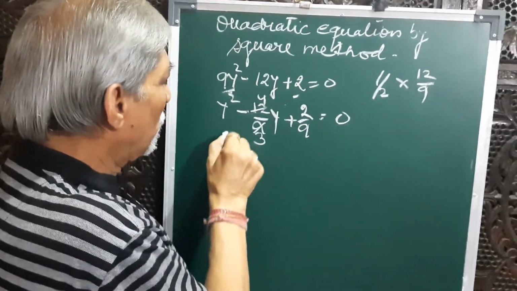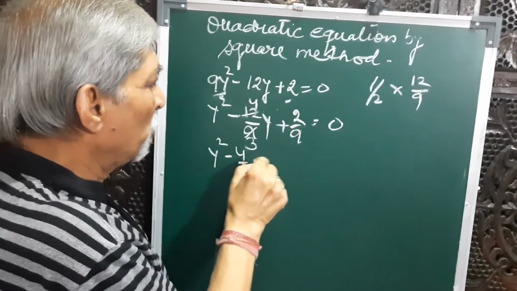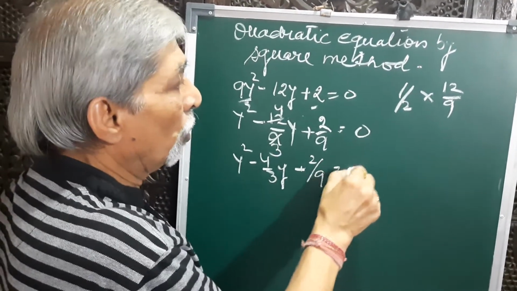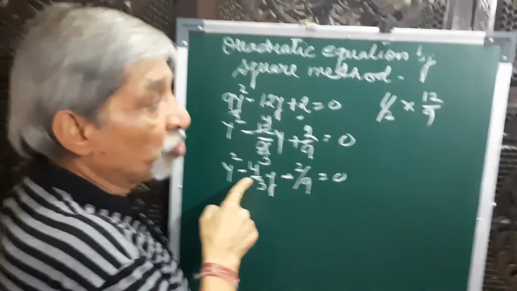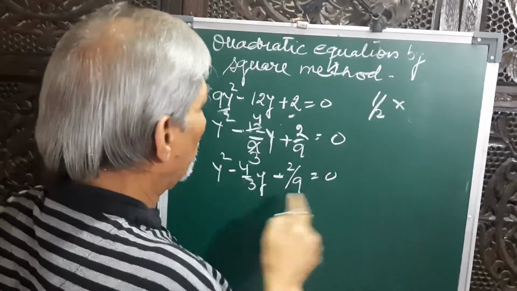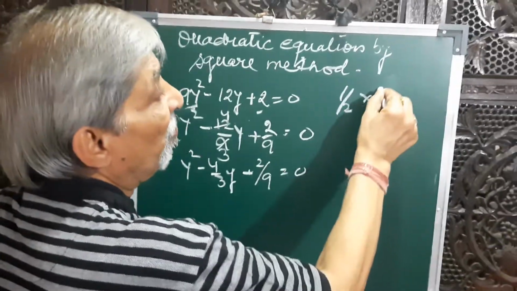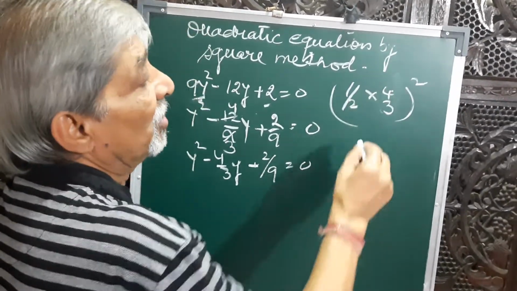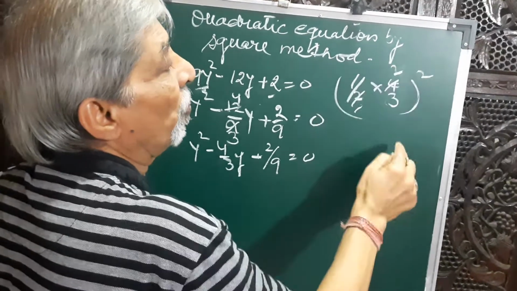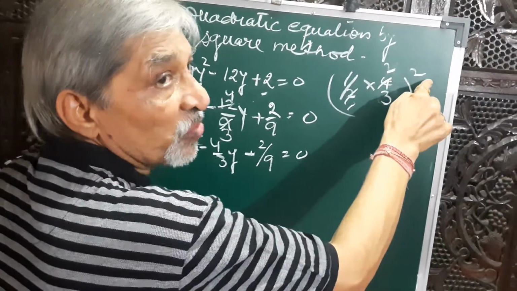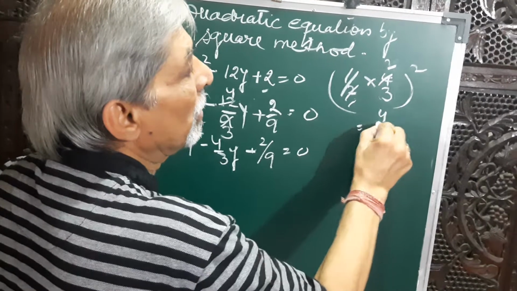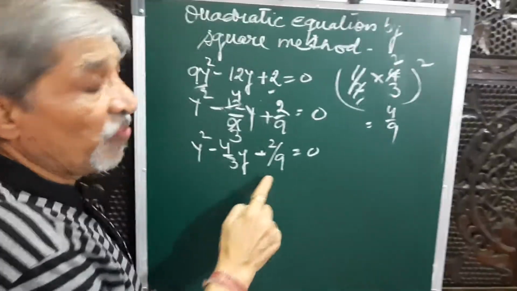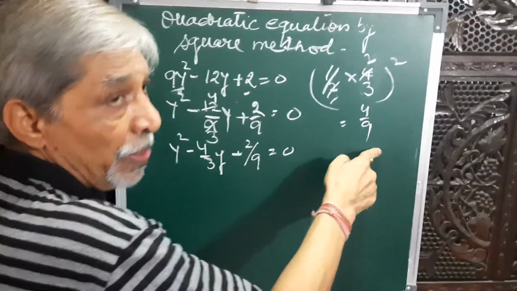So that is y squared minus 4 upon 3y plus 2 upon 9 is equal to 0. The coefficient of the middle term is 4 upon 3. Half of it is 2 upon 3, the whole square is 4 upon 9. So in this equation, we have to add 4 upon 9.